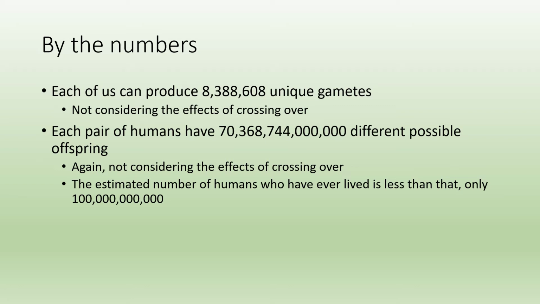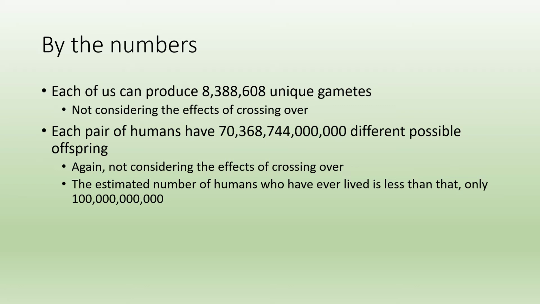Okay, I like numbers. I'm a total nerd. I know it. I admit it. When we look at the law of segregation and the law of independent assortment, we can do math that says that each person can produce 8,388,608 unique gametes.